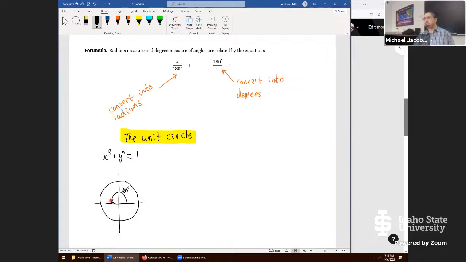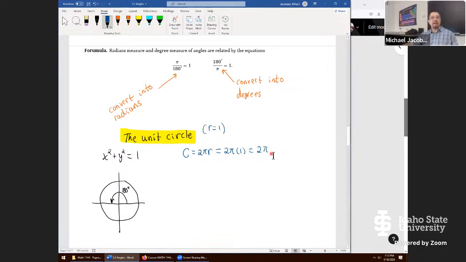We might decide, well, so what? But here's what else we can do here. Because this is a unit circle, we can say that the circumference is 2 pi times r. But the radius is 1. This turns into 2 pi times 1, giving us 2 pi. So in other words, radius is 1 on this thing.